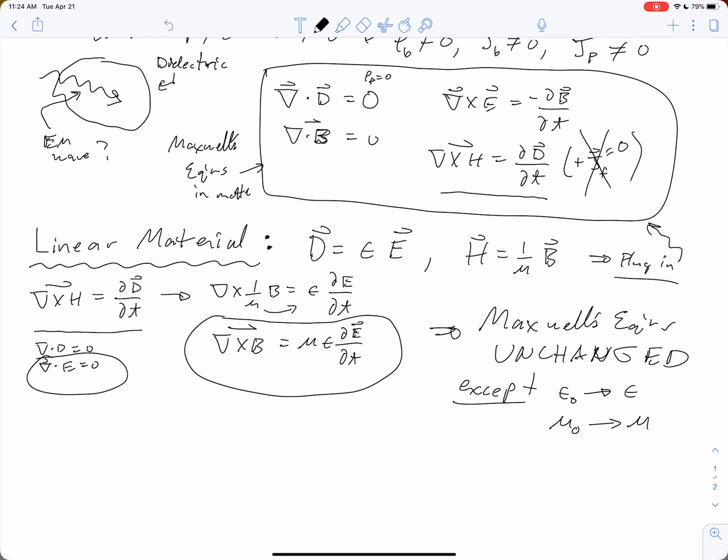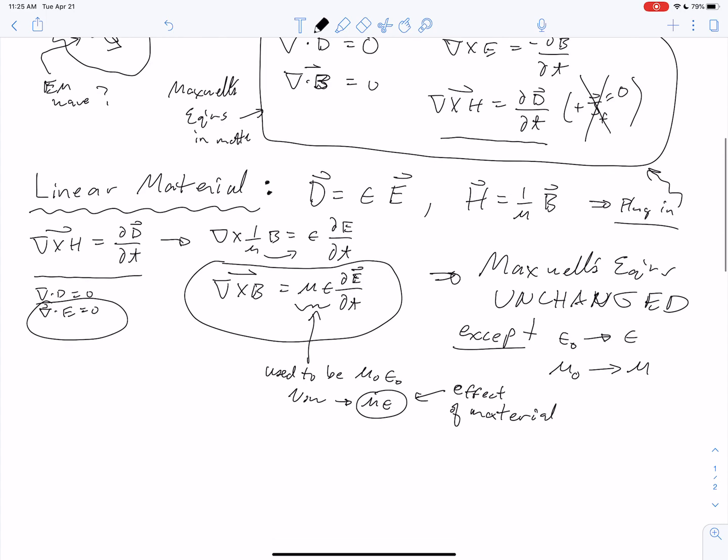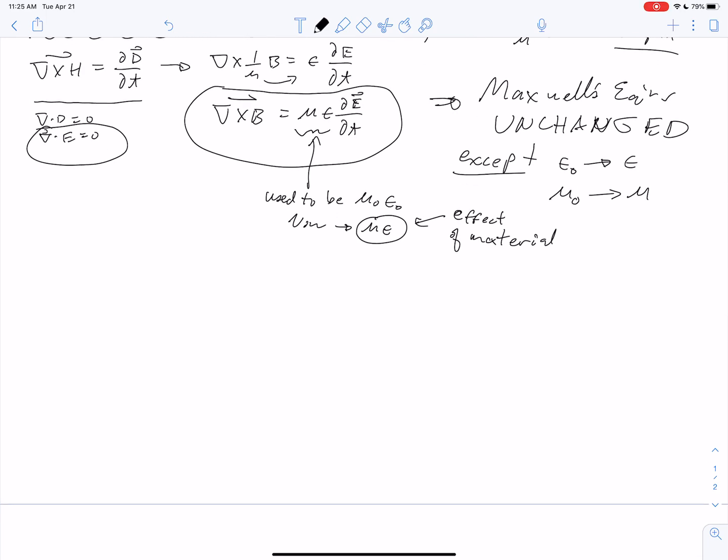Because in Ampere's law, this used to be mu naught epsilon naught, but now it's mu epsilon. And so all the effects of the material are living in those constants. That's a trivial result, but it's very profound and very important.